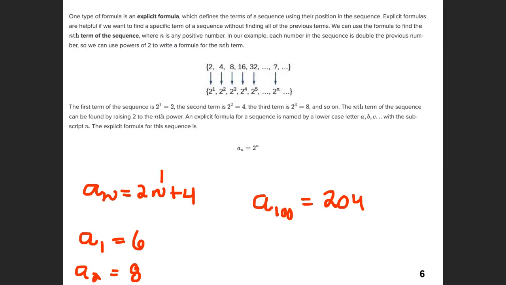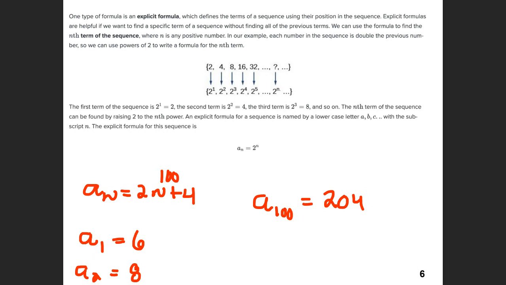You just plug in 100 for n. This is called an explicit formula. It is the easy one. When we get to a recursive one, some of you are going to not understand what I'm talking about. But an explicit formula is fairly easy to do.